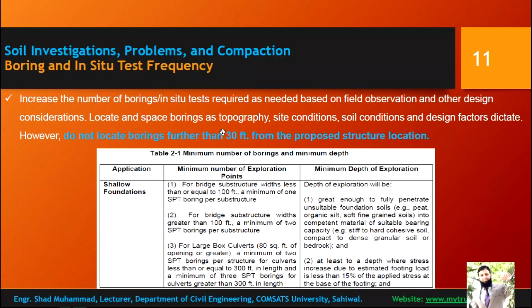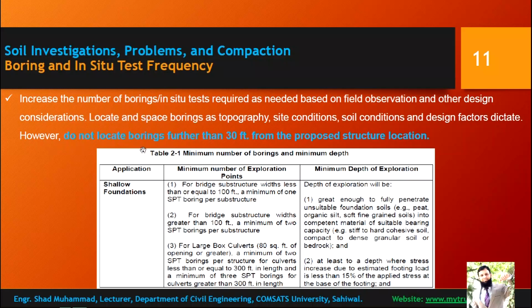Locate and space borings as topography, site conditions, soil conditions, and design factors dictate. So the location of each boring and the spacing should be based on topography, site conditions, soil conditions, and design parameters which you need to explore.